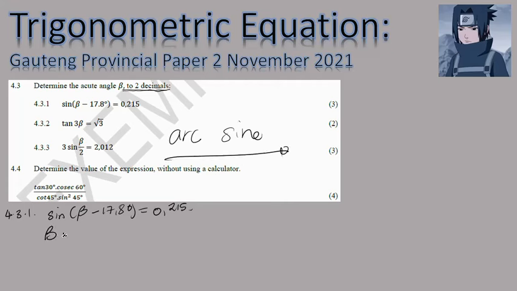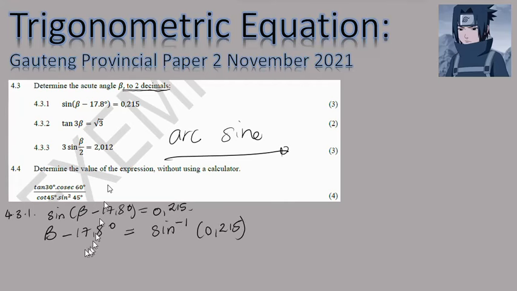You'll be left with B minus 17,8 degrees, sorry, I'm getting tired now. 17,8 degrees is equal to the arc sine of 0,215. Then afterwards you pull out your calculator.